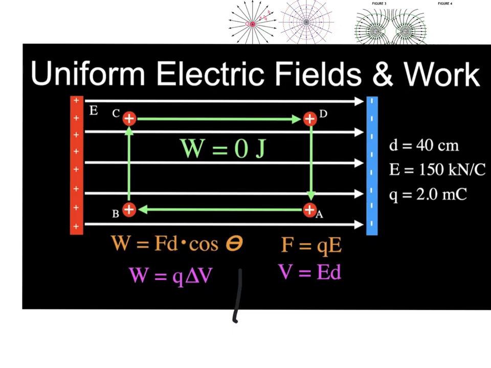So the last thing is to become familiar with this unit of electron volts. It's a unit of energy, and we use it when we move small charges like an electron or a proton around in an electric field. So if I move a proton this way, I would increase its energy. If a proton moved that way, it would lose energy.